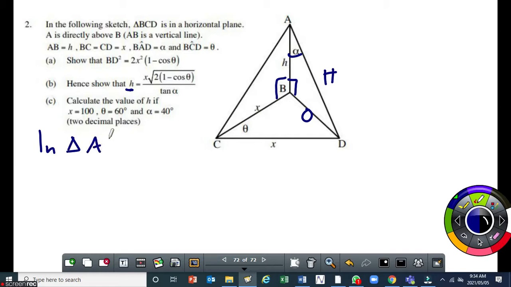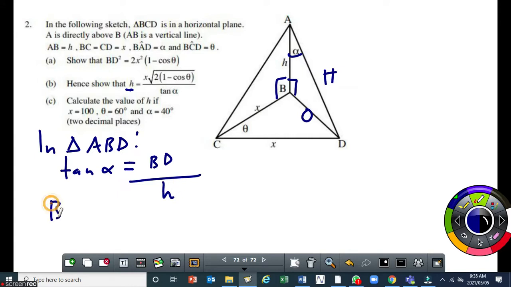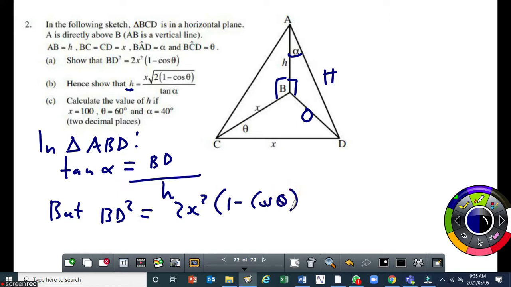So in triangle ABD, if I use trig ratios, my opposite side is going to be BD, obviously, so it will be tan alpha is equal to the opposite side, which is BD, over the adjacent side, which is H. But BD squared is equal to 2x squared times 1 minus cos theta from the first question.